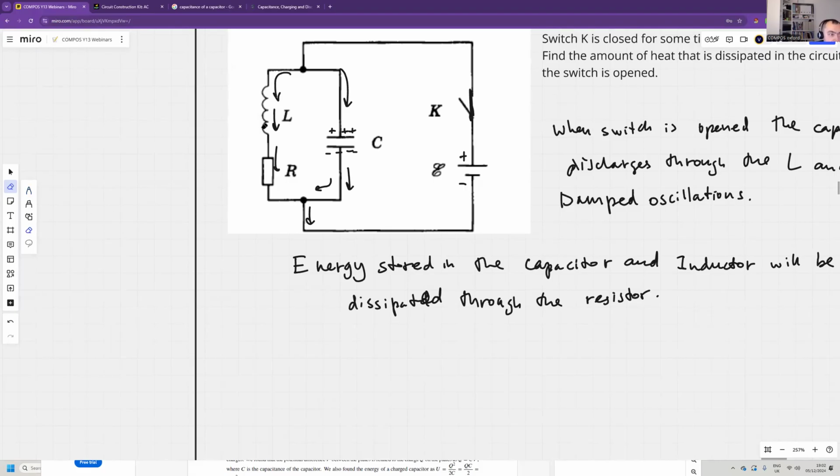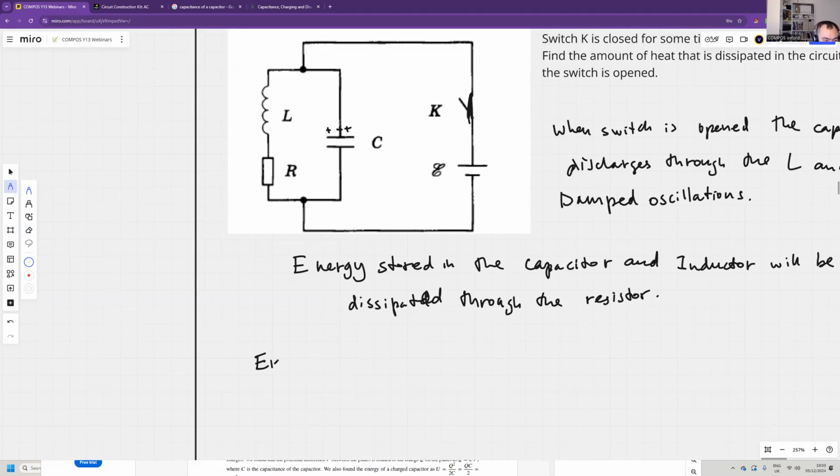Right, so that is quite interesting. So we want to find the energy stored in the capacitor. Once this switch is closed, the capacitor will charge, and the voltage on the capacitor will be equal to the EMF.